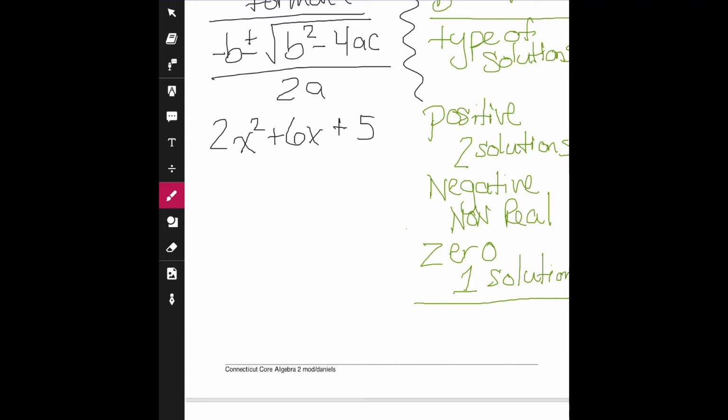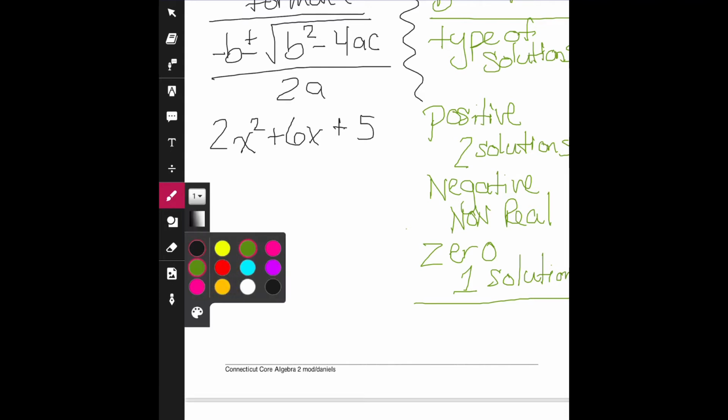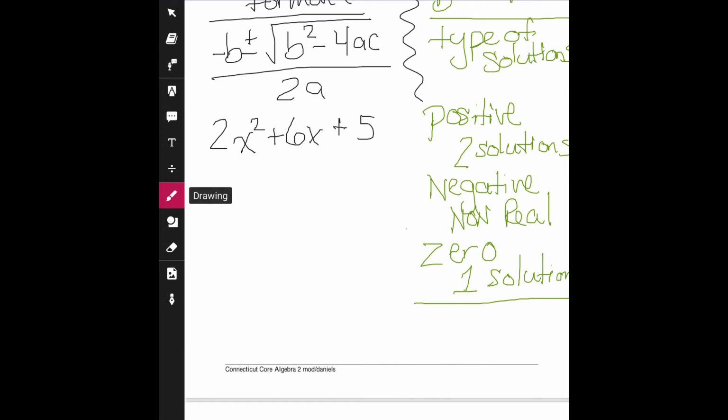So if I take my discriminant, first I have to figure out what my a, my b, and my c are. So here's my a, x squared plus bx plus c. That's always, right? So I'm going to have negative 6 plus or minus the square root of 6 squared minus 4 times a times c.